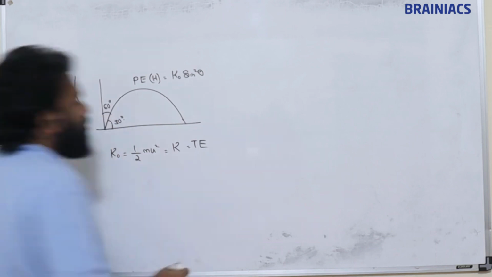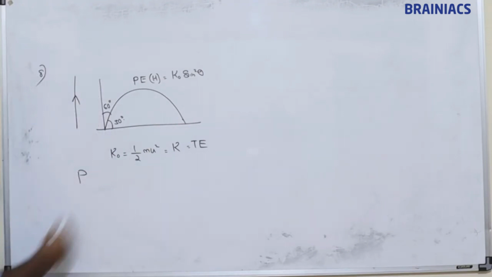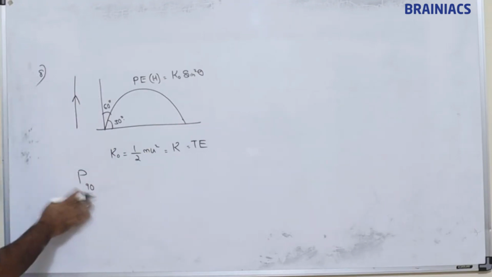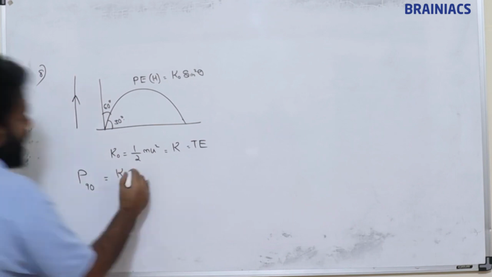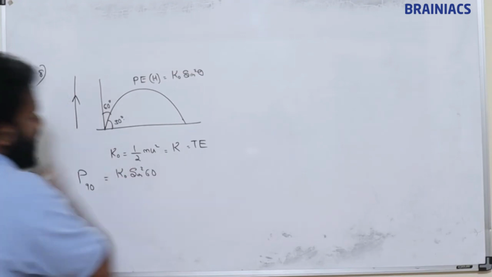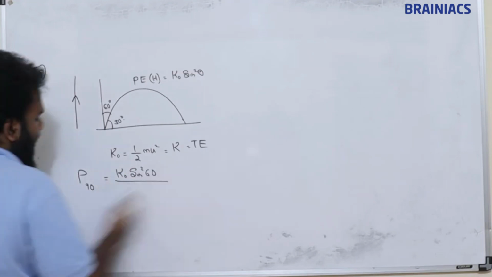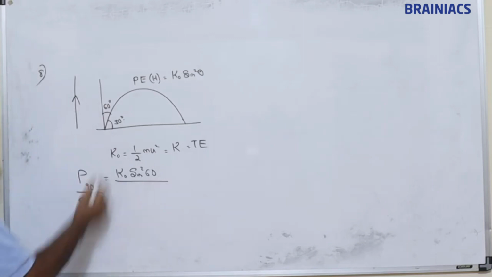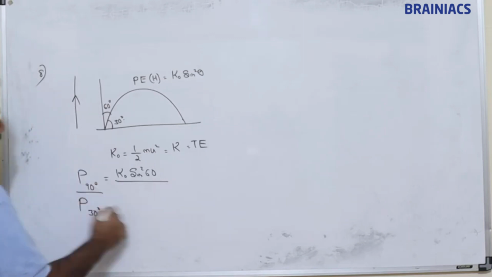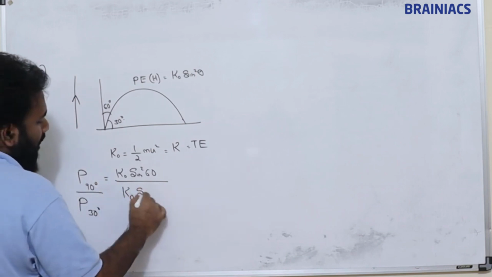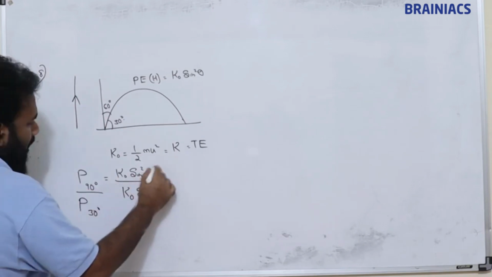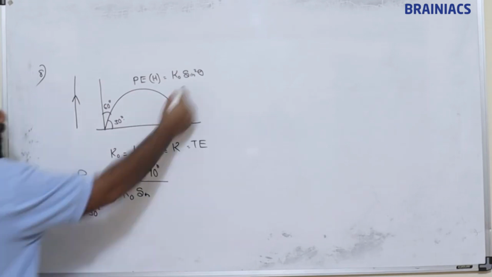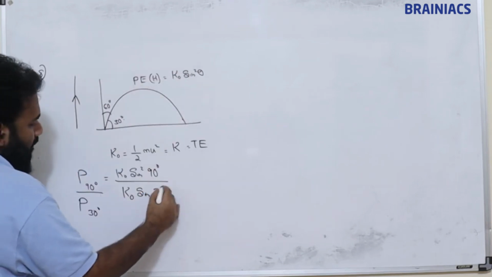The potential energy of the mass which is projected at 90 degree is K naught into sine square 90, divided by the potential energy of the mass projected at 30 degree, which is K naught into sine square 30 degree.